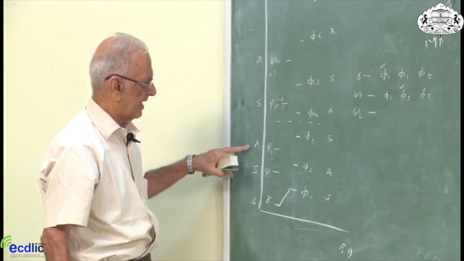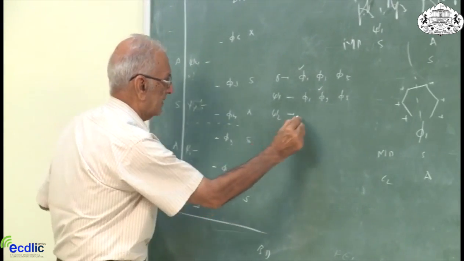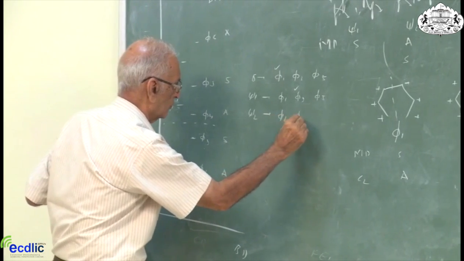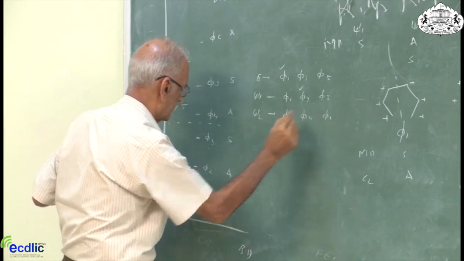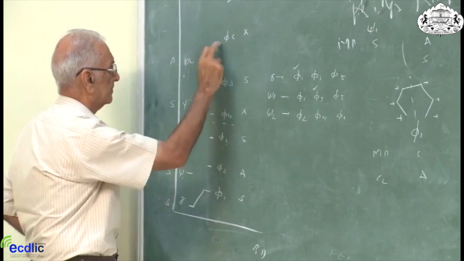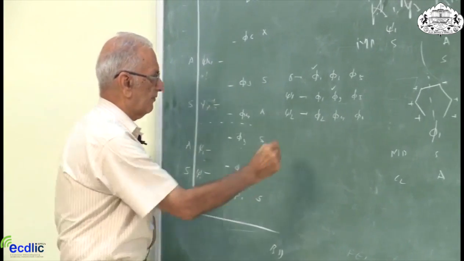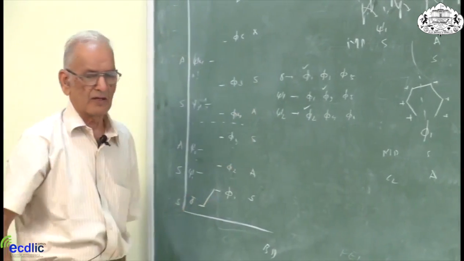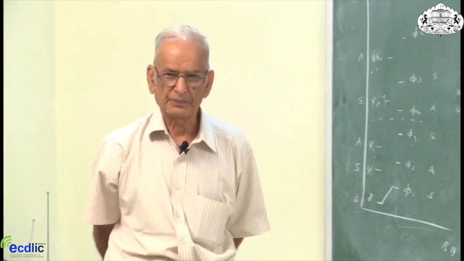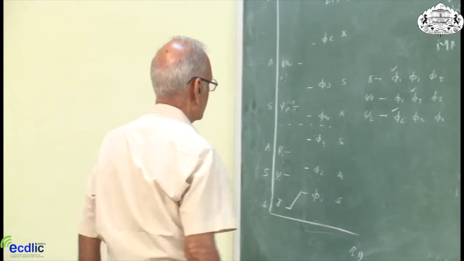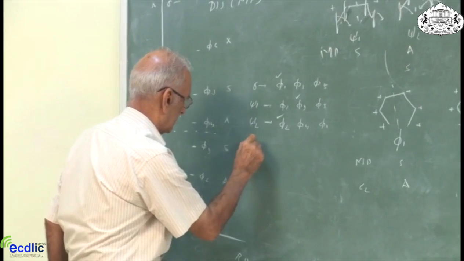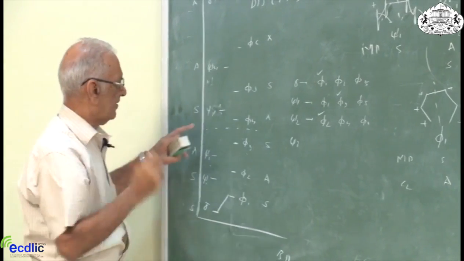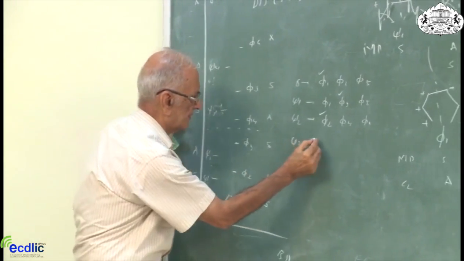Then we look at psi 2. Psi 2 is anti-symmetric. Therefore, it can join to 2, 4 or 6. 2 is the one of lowest energy. So, I will join it to 2. Psi 3 is symmetric.